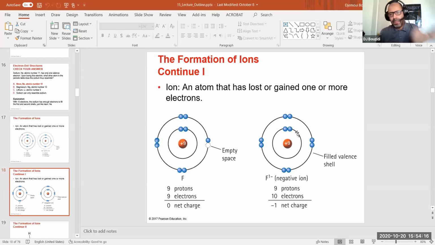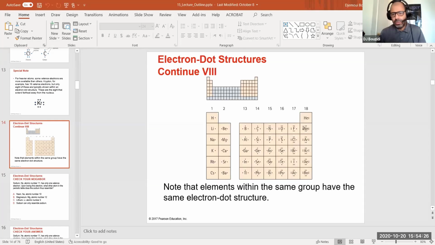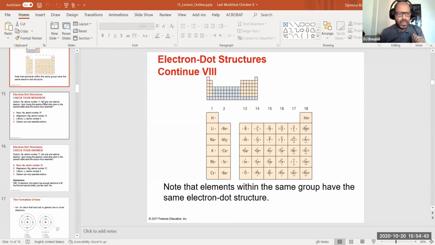It has moved up to neon as well. So either the sodium, by losing an electron, would behave like neon, or the fluorine gains 1, and it's also going to behave like neon. At the end, the outer shell will be full. So that's how the ions move one way or the other.